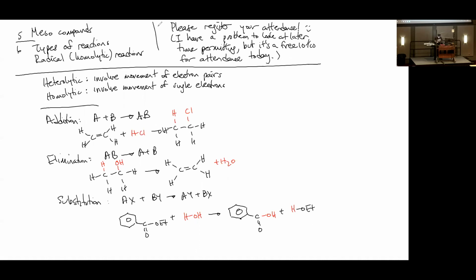So the ethoxy group of the ester and the OH group on water switch places. And of course, that's not the mechanism, right? The mechanism doesn't go by these 2 things coming up next to each other and switching, it's a little more complicated than that. It's about 4 or 5 steps, and we'll learn about it next term. But even if you don't know the mechanism, even if you've never seen that before, I would expect that you could look at this and say, well, I see two pieces that are switching places. So that's a substitution reaction. So that's just one example.